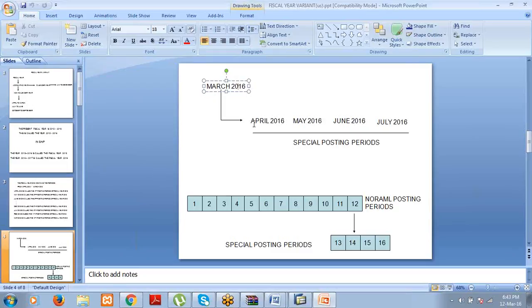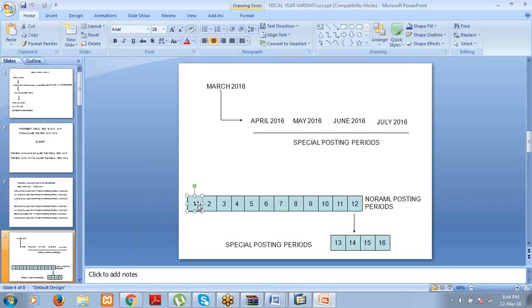In the case of Indian companies, once March 2016 is over, we have April 2016, May 2016, June 2016, and July 2016. Up to these 4 months, we can post adjustments for the purpose of preparing financial statements.